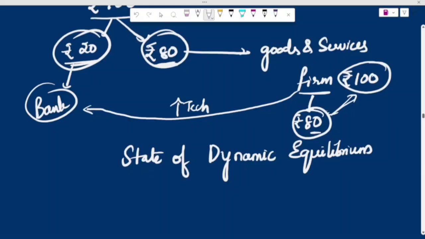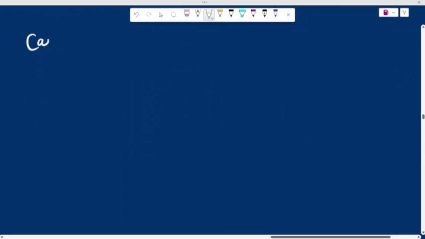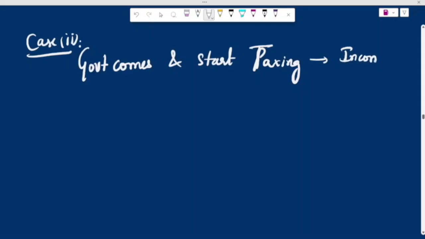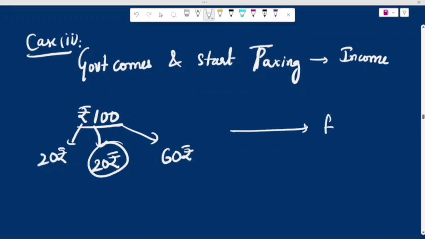And one more thing, so take case two. Here the government comes into play and starts taxing people on their income. So now the household is getting 100 rupees, from which 20 rupees goes to savings and 20 rupees as tax to the government. So what is left? 60 rupees is left. So what happens to the firm? The firm will produce less, and will also give less income to the household.